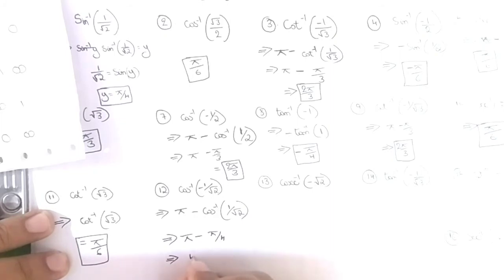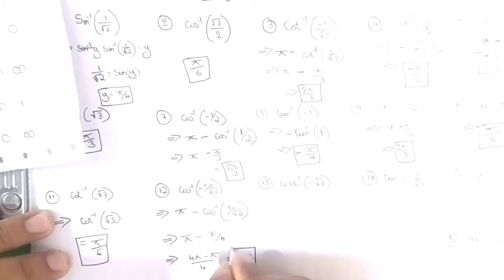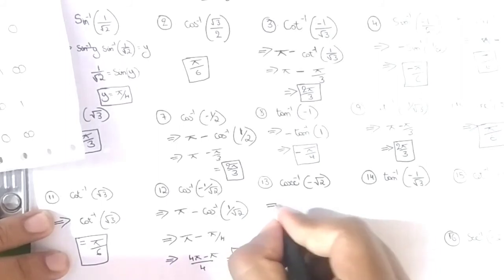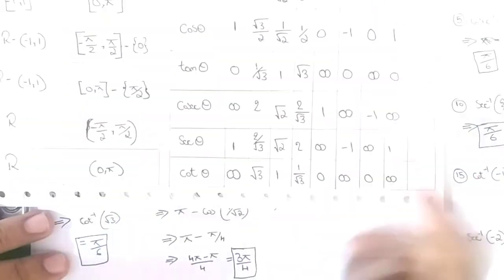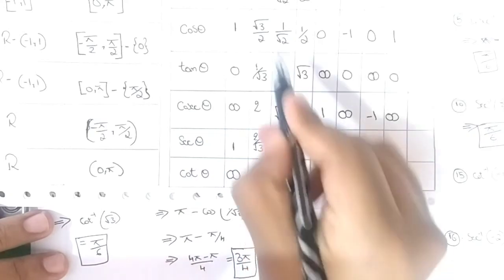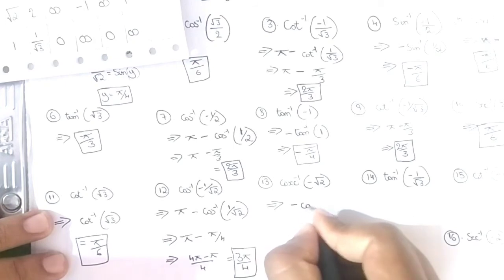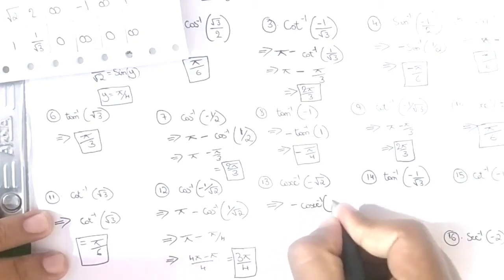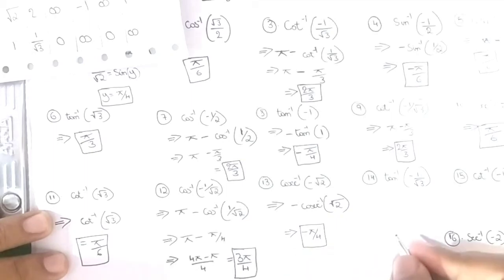This is going to be pi minus pi by 4, that is 3 pi by 4. Now cosecant inverse of minus root 2. Cosecant root 2 corresponds to pi by 4, and this is going to be minus cosecant inverse of root 2, which is minus pi by 4. Simple one.